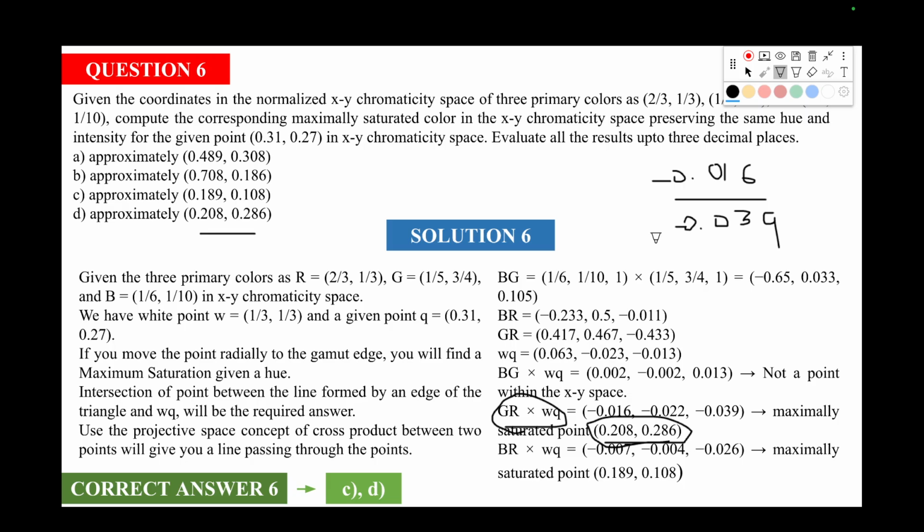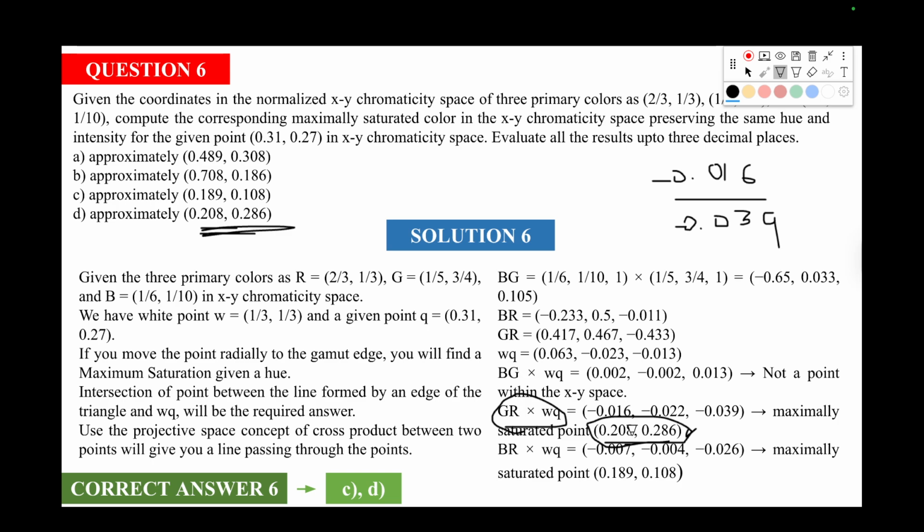16 divided by 39. How much is it coming? 0.41. Okay, 0.41 is coming. So I think the point is given wrong here.